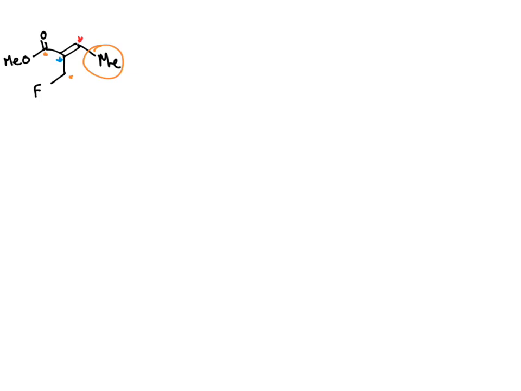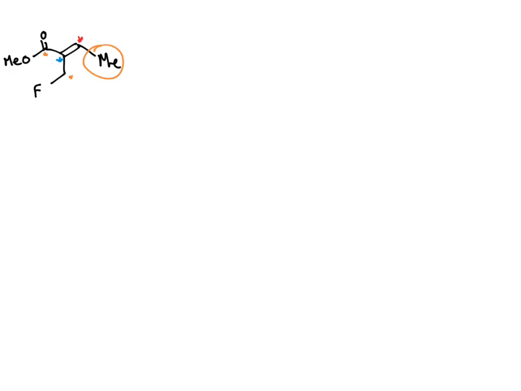Now, if you recall what I said before, when you have double and triple bonds, you count those as if they're bonded twice or 3 times to a particular atom, but it's not additive. So you're still just dealing with a single oxygen in terms of the atomic number. So oxygen's atomic number is 8, but fluorine's atomic number is 9.